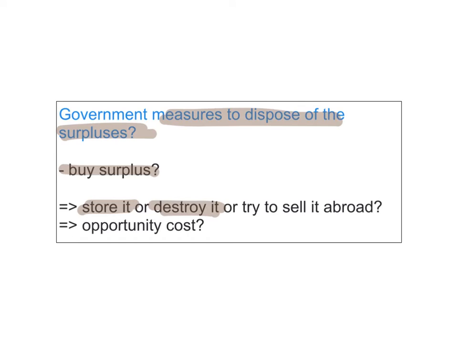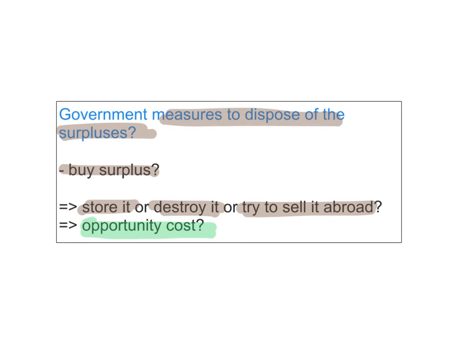It seems very wasteful, especially when there's famine and hunger in other parts of the world. Or previous governments have tried to sell it abroad, but this has caused other governments to feel quite threatened because then their local producers can face competition.